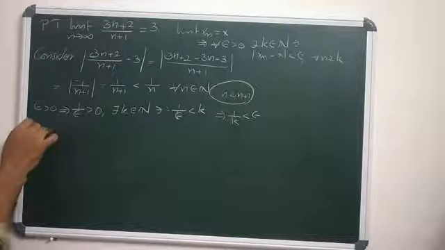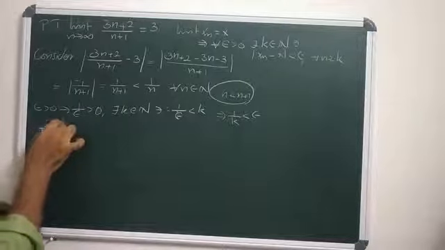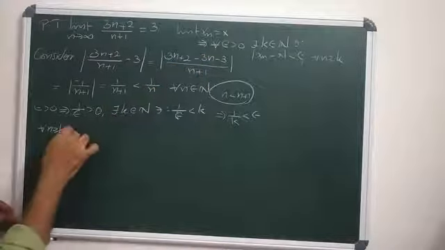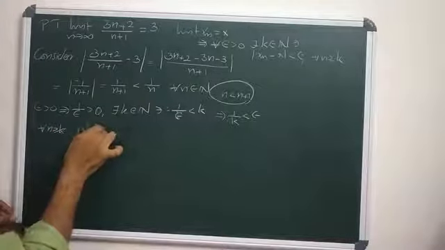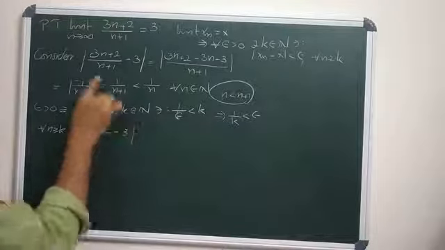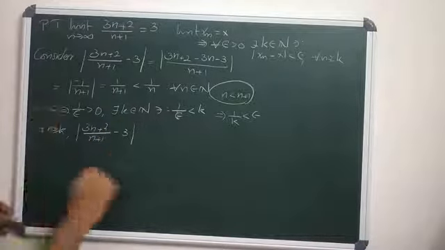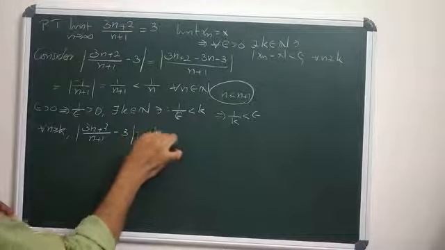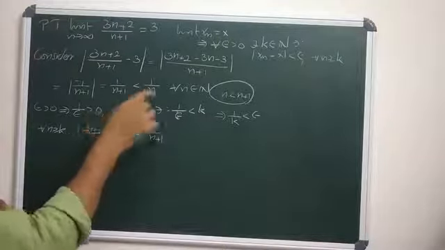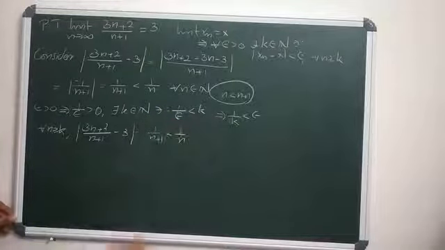Therefore, for all n greater than or equal to k, according to this argument, the modulus of (3n + 2)/(n + 1) minus 3 equals 1/(n + 1). This 1/(n + 1) is strictly less than 1/n.